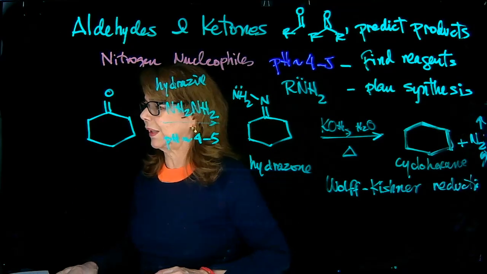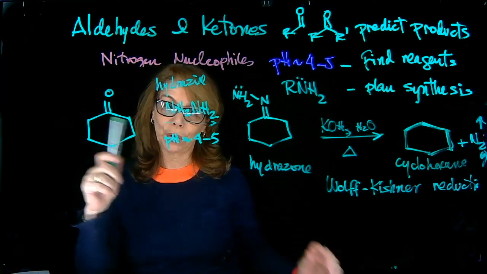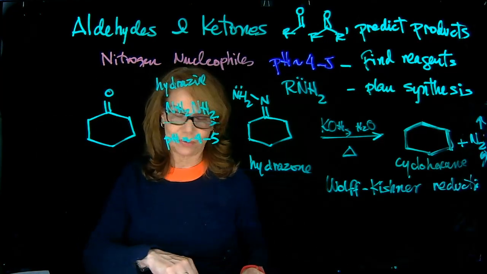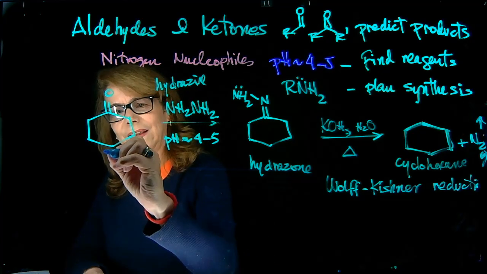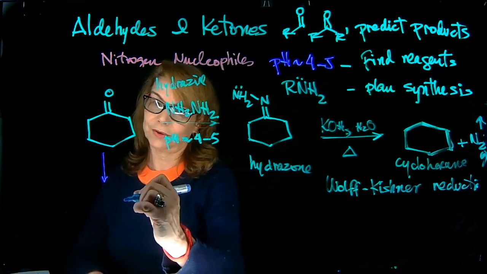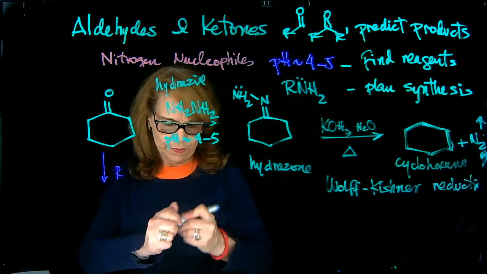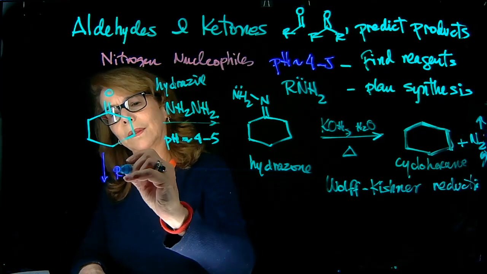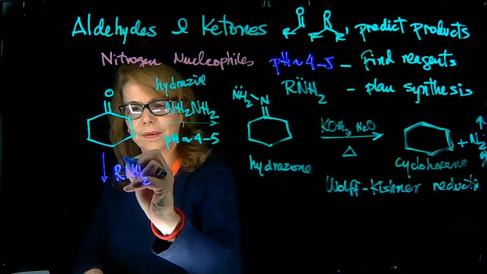Another thing that we can do with imines is what we call the reductive amination. And so, let's see. I'll say that from cyclohexanone, I'm going to make it react with another primary amine, RNH2.